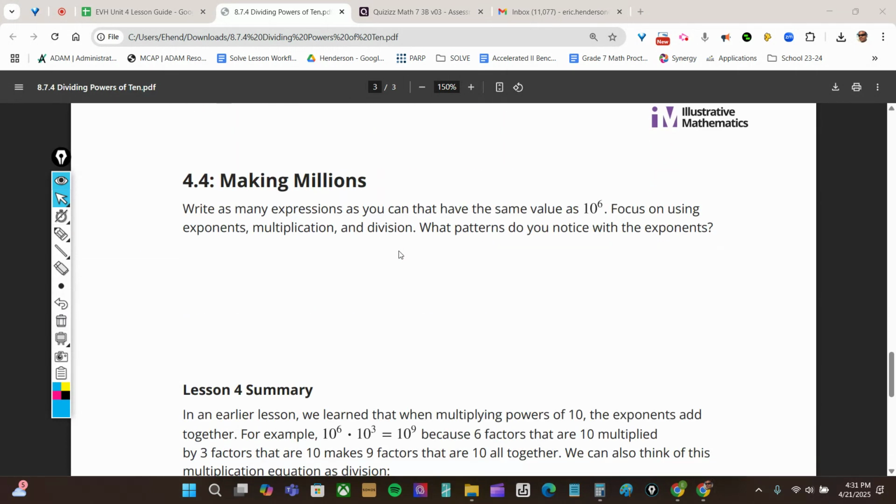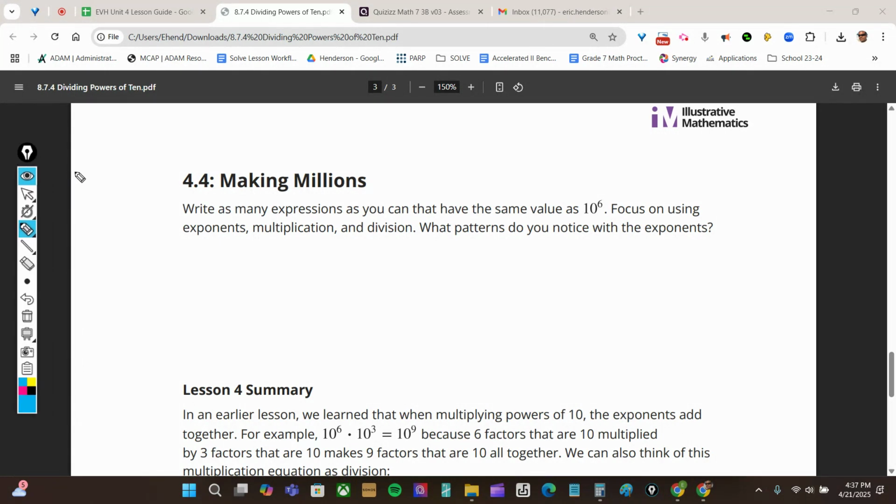All right. So then we can pause it as required and then go to this one before we get to the summary. For this one, we have: write as many expressions as you can that have the same value as 10 to the 6. Focus on using exponents, multiplication, and division.